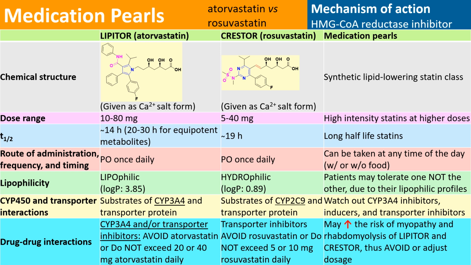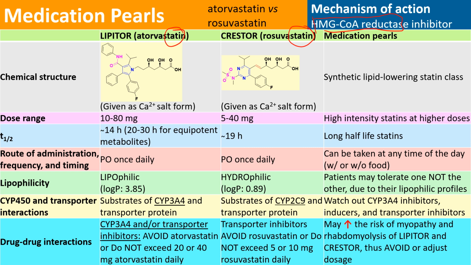As mentioned, both end with statin, and both agents target the same enzyme, HMG-CoA reductase. This enzyme is the early stage and the rate-limiting step in the biosynthetic pathway of cholesterol. So by blocking this enzyme, this would lower the production of cholesterol.